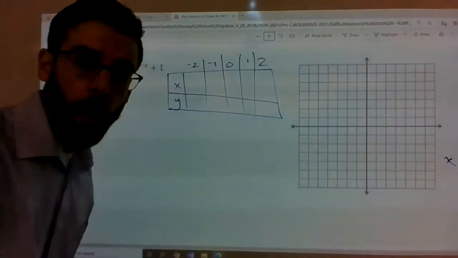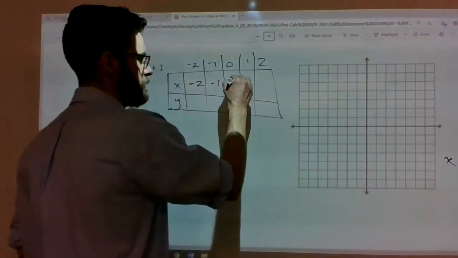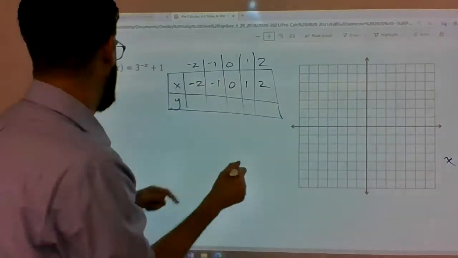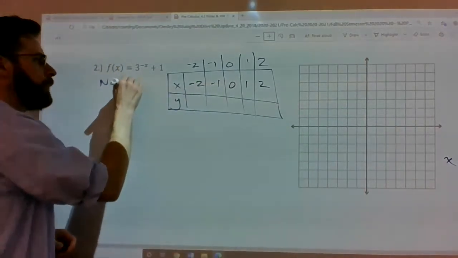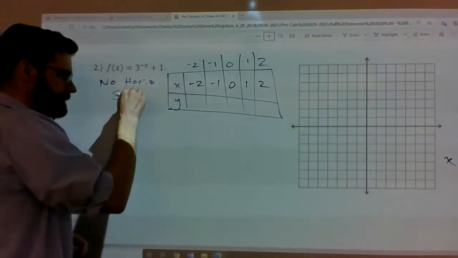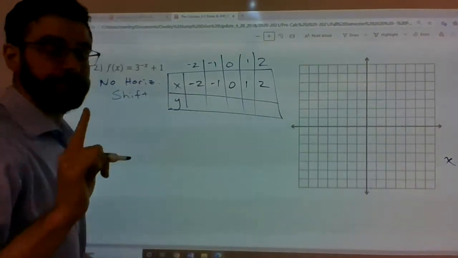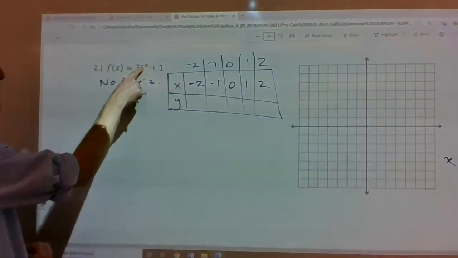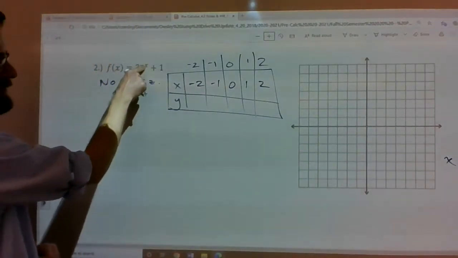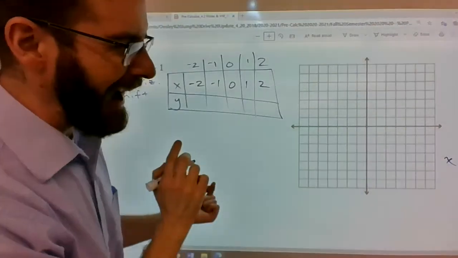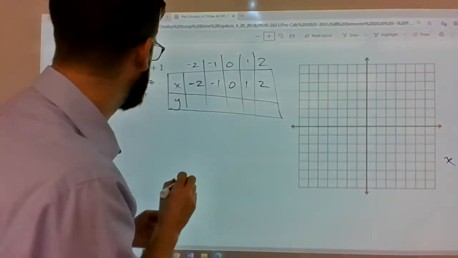Answer, no. There's no horizontal shift going on. But there's a horizontal reflection because of that negative right there. This creates a horizontal reflection, so we should expect to see sort of an opposite pattern than we normally would.